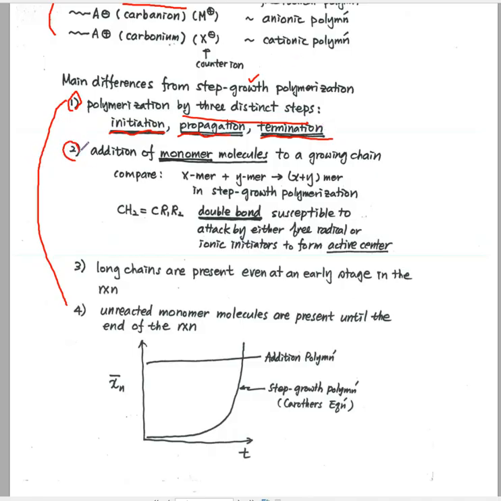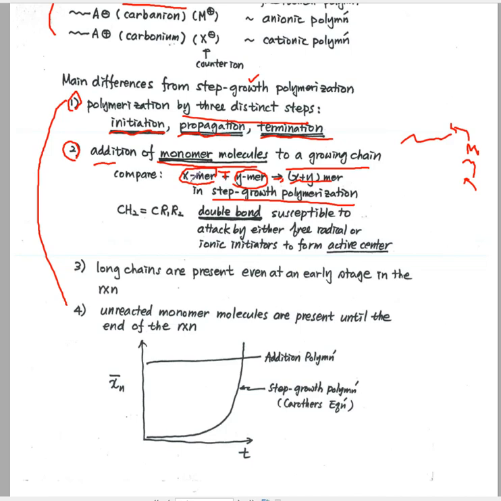Secondly, in free radical addition polymerization, monomer molecules are added to a growing chain. So there is a certain growing chain, and monomers are added one by one. But in step growth polymerization, as I just mentioned, any molecules had two or more functional groups, so they could react with each other, forming longer chains, right?